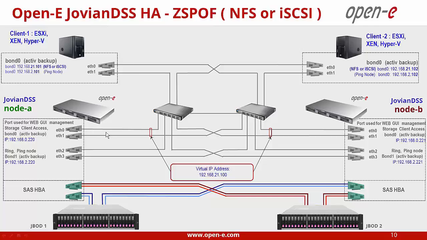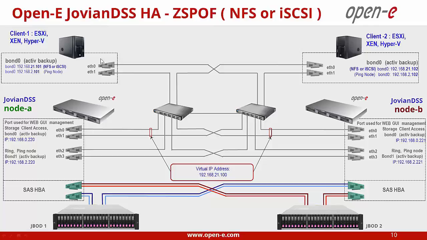And the concept of the cluster is a ring which is used for detection, or heartbeating, detection of the failure of the other nodes. So here we have the active backup bonding. That's by design. We need a redundant ring connection, so all these heartbeat signals are going over the redundant active backup bond, and also ping signals are sent.